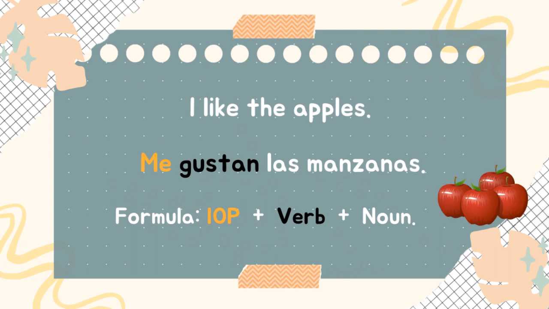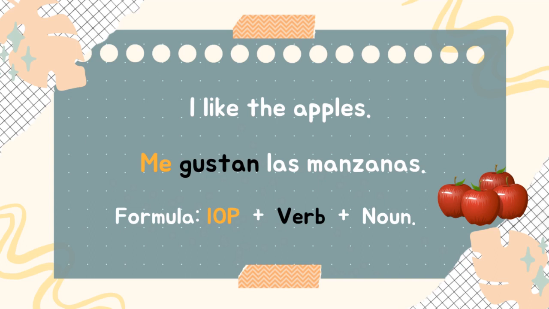All right, I like the apples. Same thing. Our formula is our IOP, then we have our verb, then we have our noun. To whom is the verb being done to? To I, to myself. So my IOP would be me. We're talking about apples and we know it's plural.